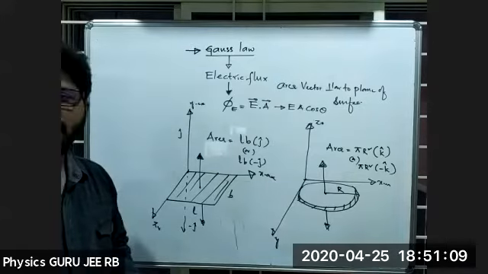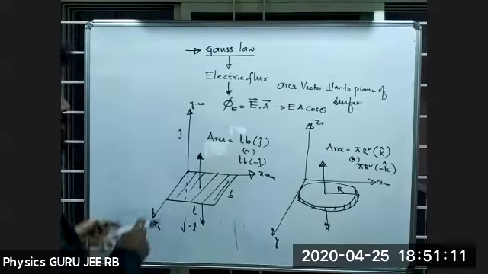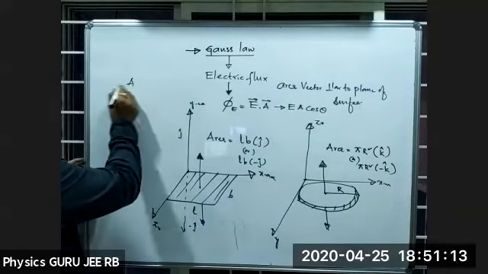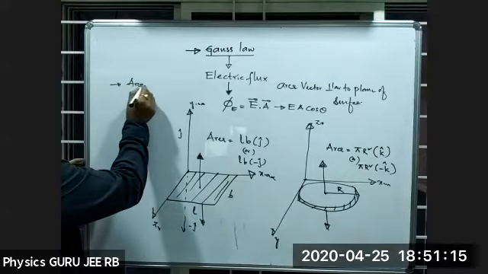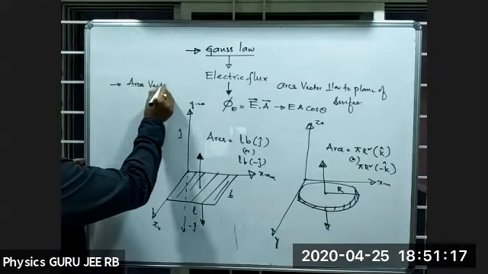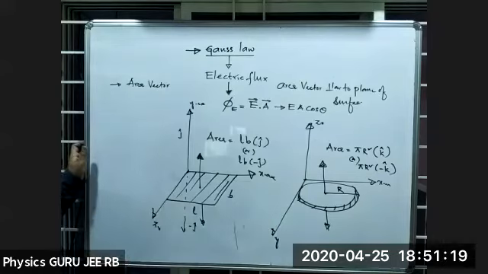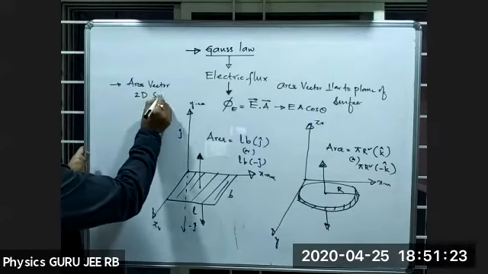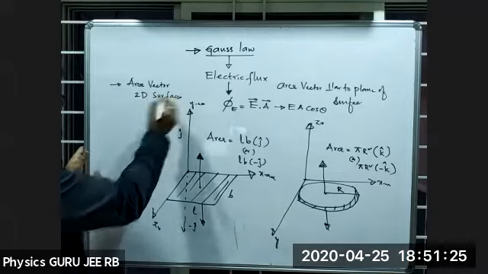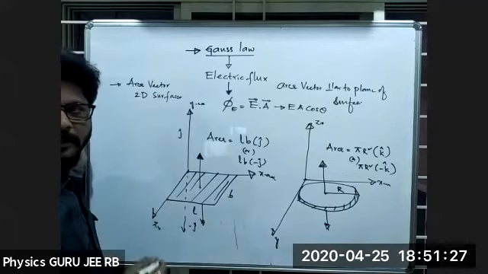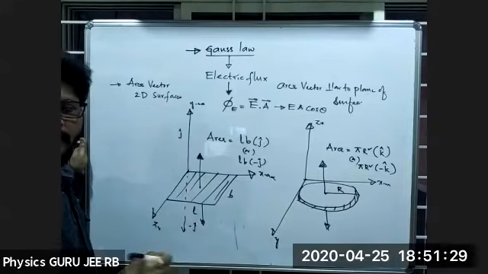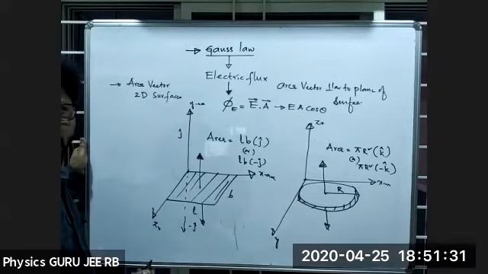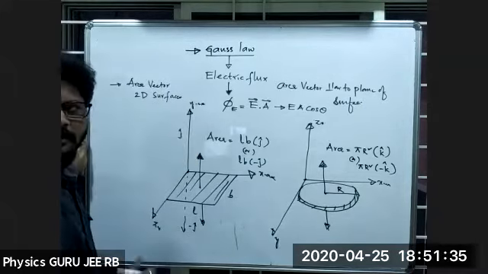So the important point: for 2D surfaces, the area vector has both direction and magnitude, and both directions are correct, that is, upward direction or downward direction.